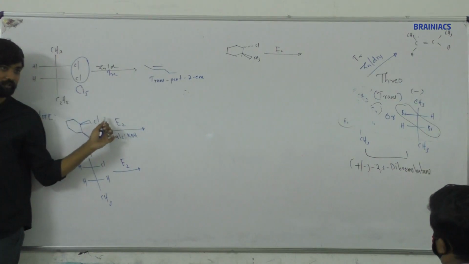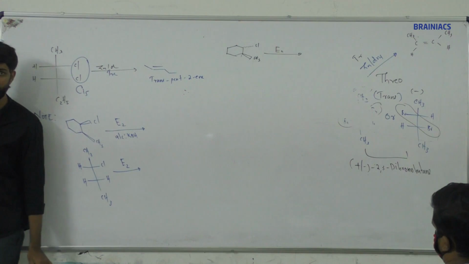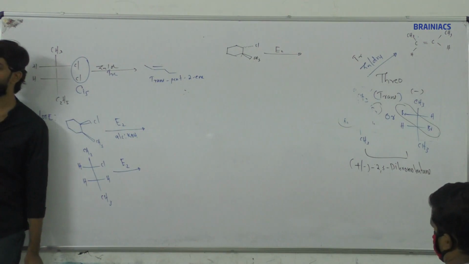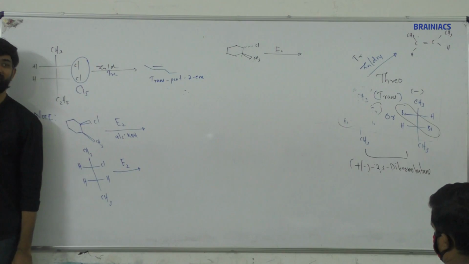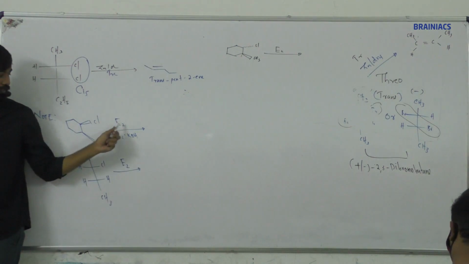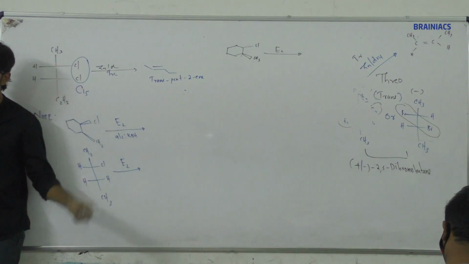Not this reaction, the reaction which is already discussed: beta elimination, dehydrohalogenation of alkyl halide. You know the E2 mechanism: the removed halogen and hydrogen should be anti-periplanar. Then only the reaction takes place in the E2 mechanism. If they specify it as E2, then you should design the product on the basis of the E2 mechanism only.